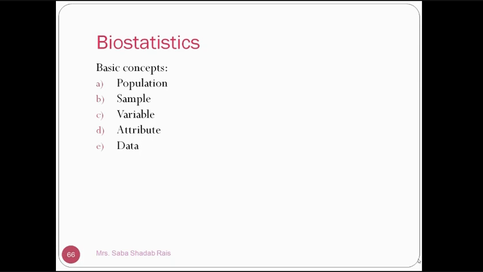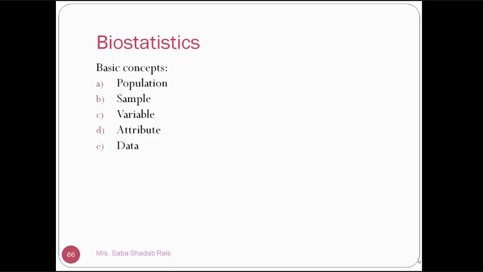That means you are not going to study all aspects of that population. You will decide some variables. So variables are characteristics from the population. Now, the next term is attribute.